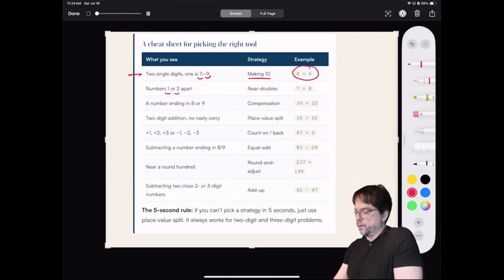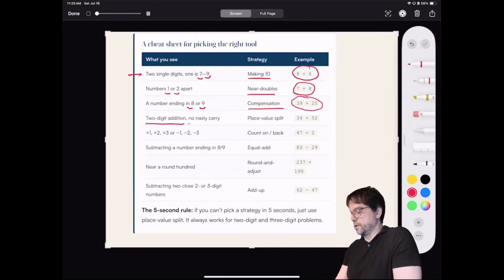Numbers 1 or 2 apart, near doubles, for example 7 plus 8. Numbers ending in 8 or 9, compensation, for example 39 plus 25. Two-digit addition, no nasty carry, place value split, for example 34 plus 52. Plus 1, 2, 3 or minus 1, 2, 3, count on or back, for example 47 plus 2.